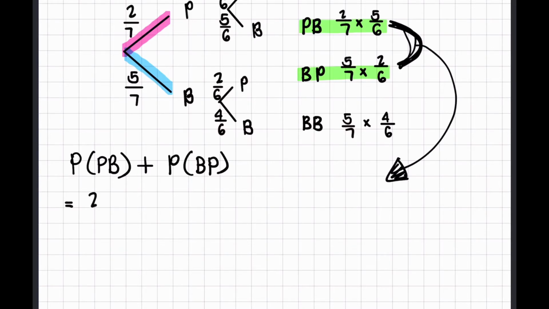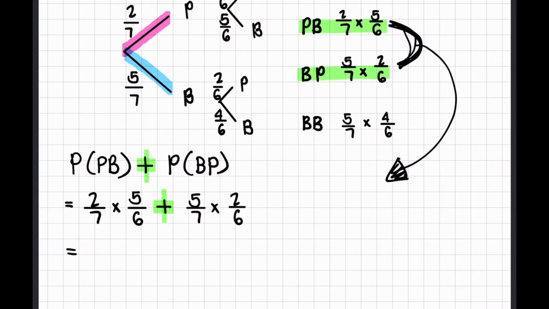So it will be 2 over 7 multiplied with 5 over 6, because that's the probability of pink and then blue. Then I'm going to add it together. So I'm still going to add here the probability of blue and then pink, which is 5 over 7 multiplied with 2 over 6.